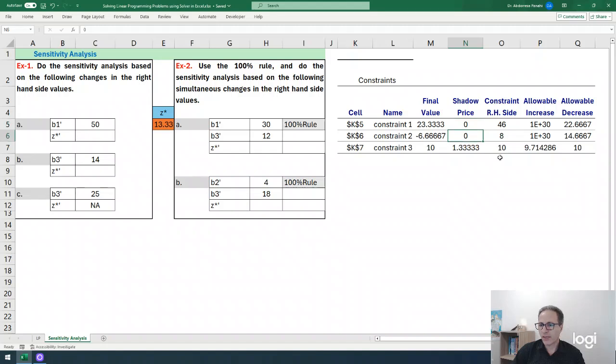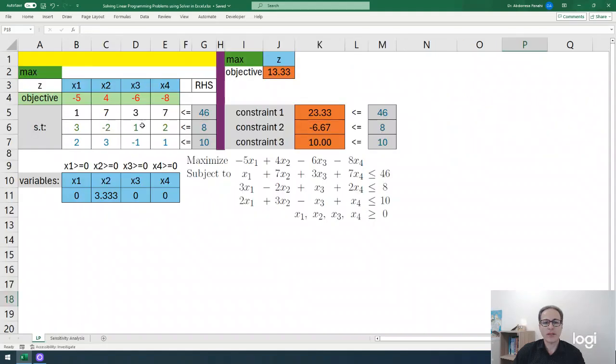For example, the third right-hand side is 10. It can increase up to 9.7. I want to increase it by 1 unit and see the change in the objective. The objective originally is 13.33. We go there. This is the original problem we solved last time.